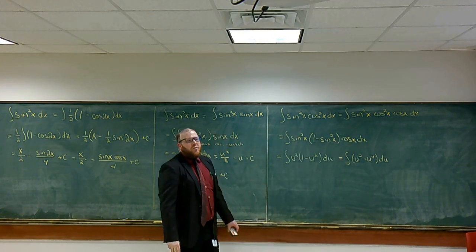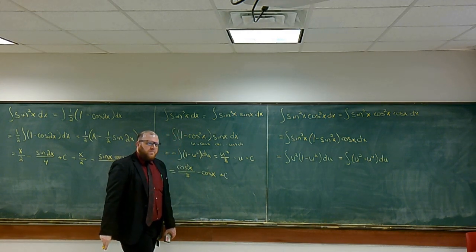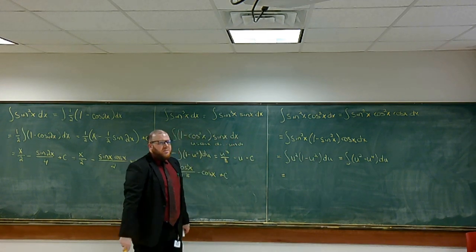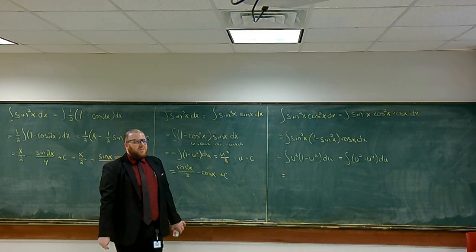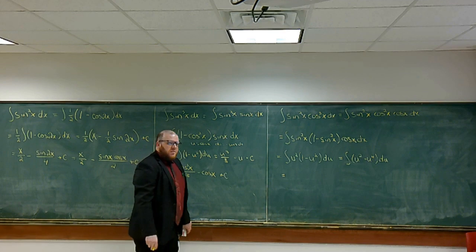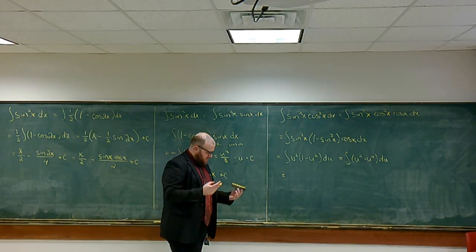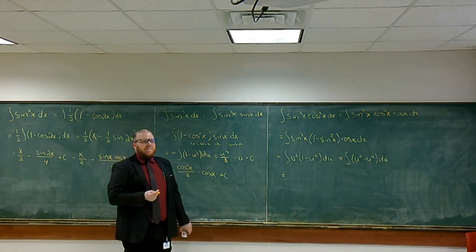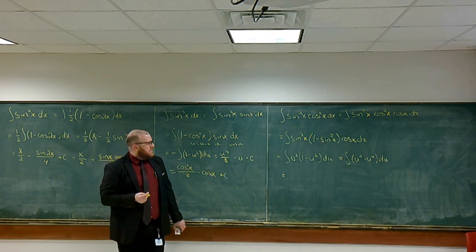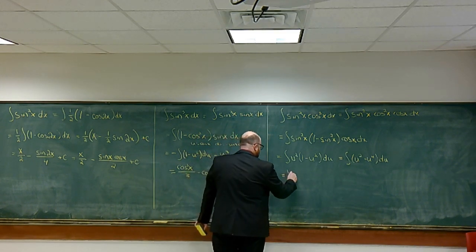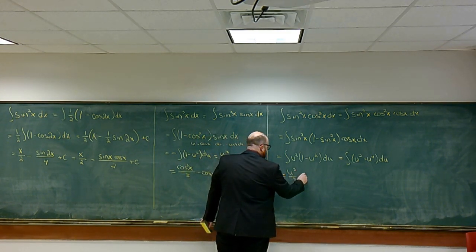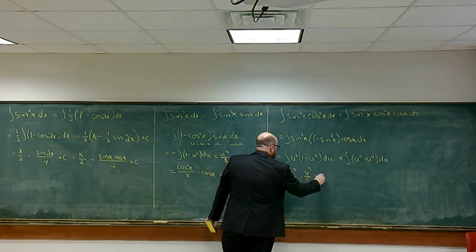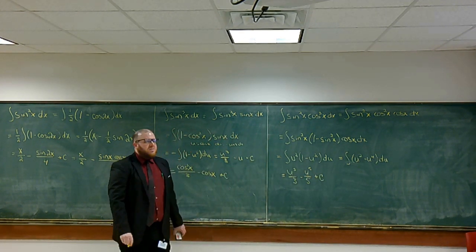And then this is just simple power rule. What's that antiderivative? U to the third power divided by 3 minus u to the fifth divided by 5. And don't forget the constant.